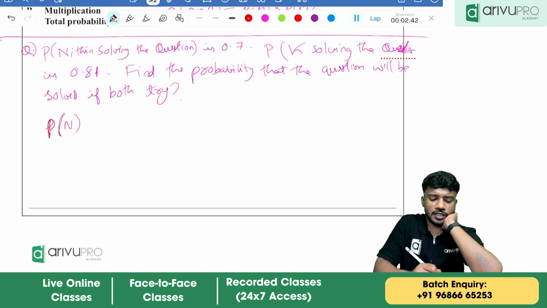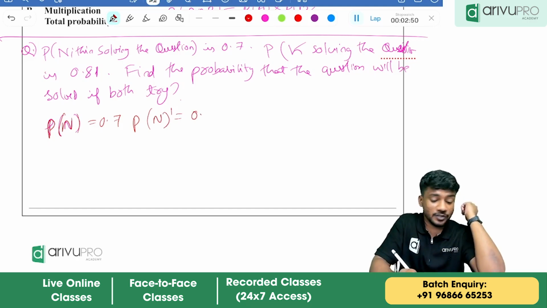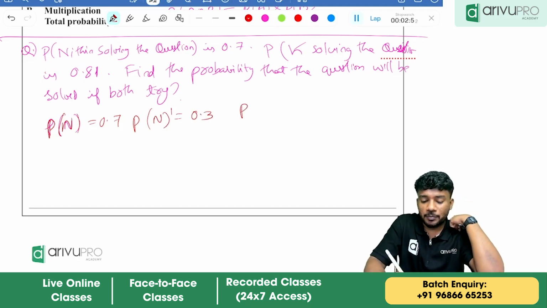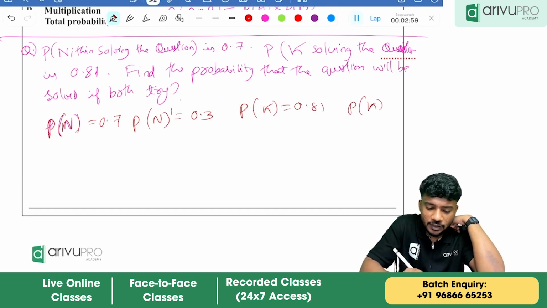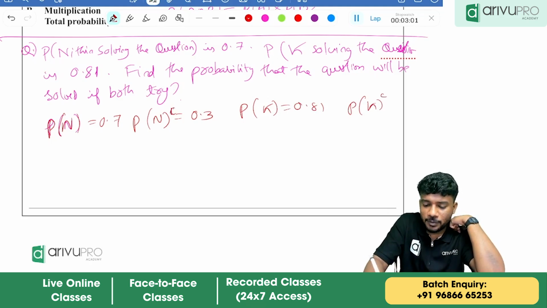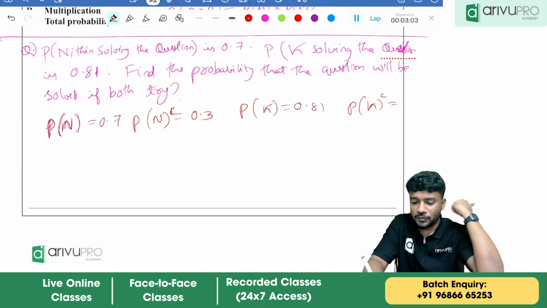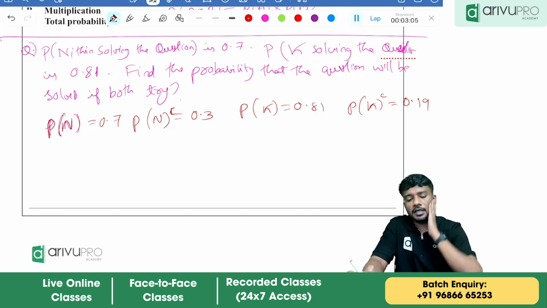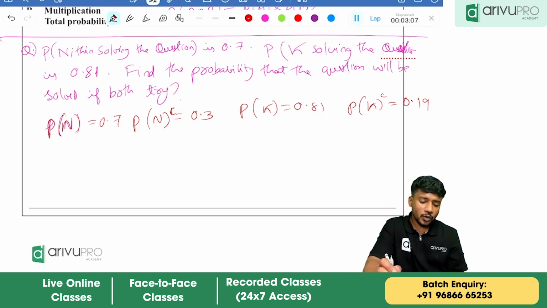P of N is 0.7. Then P of Nithin not solving is 1 minus 0.7, which is 0.3. Probability of Kanishk solving is 0.81. Not solving means complement, 1 minus 0.81, that is 0.19.